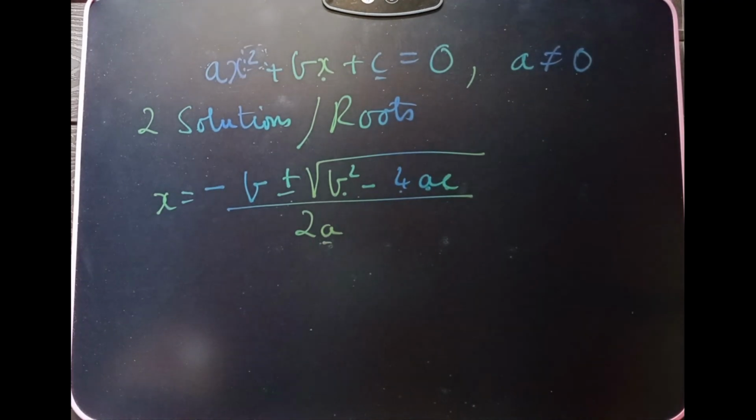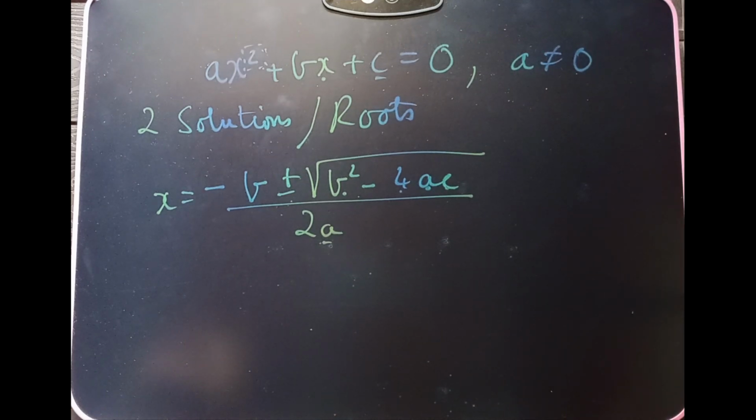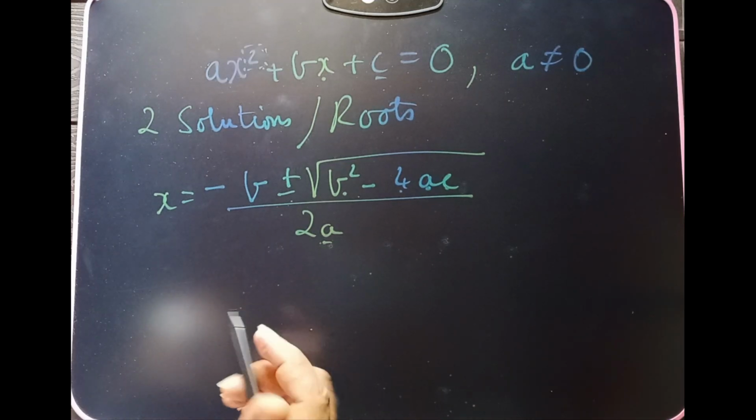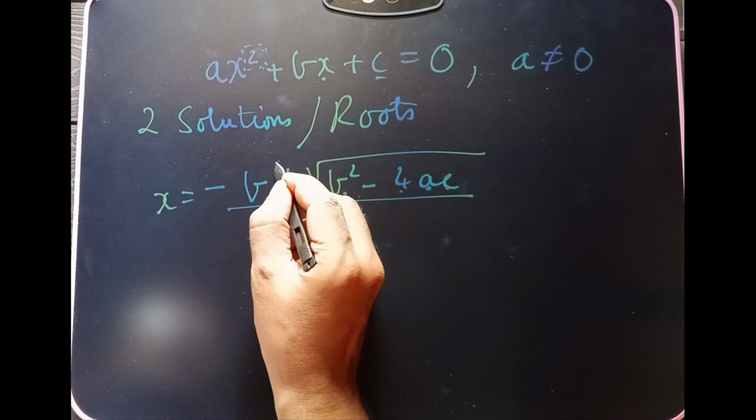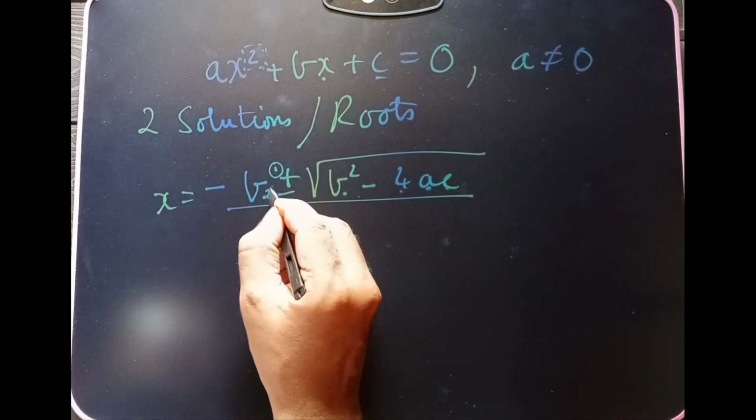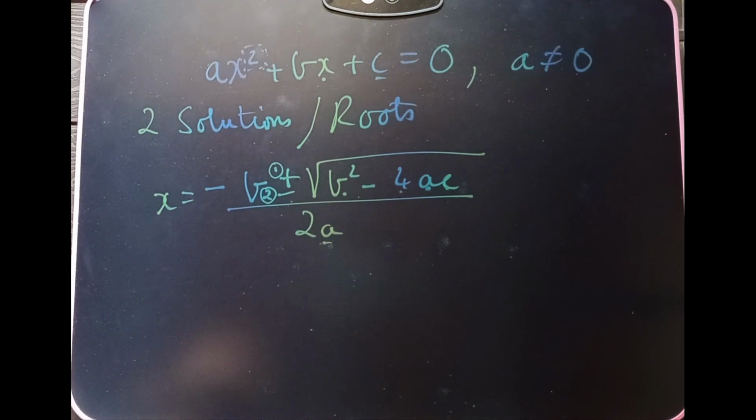This is how you are going to get the two roots. If you want to identify them separately, then you can separate the plus and the minus. The first root will be with the plus, and the second root will be with the minus, right?